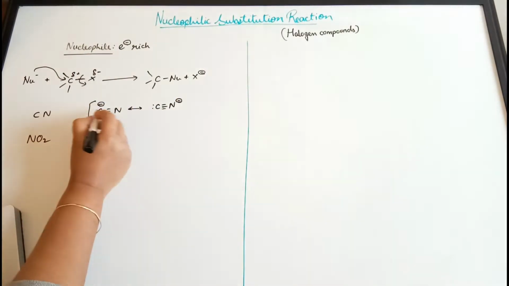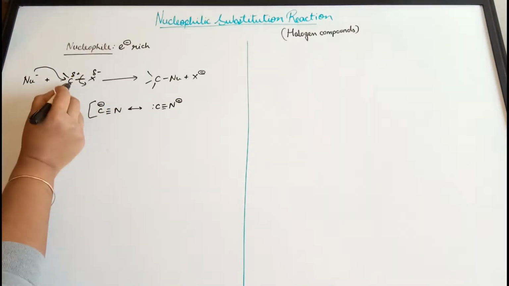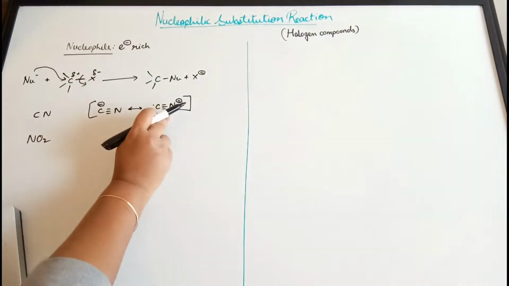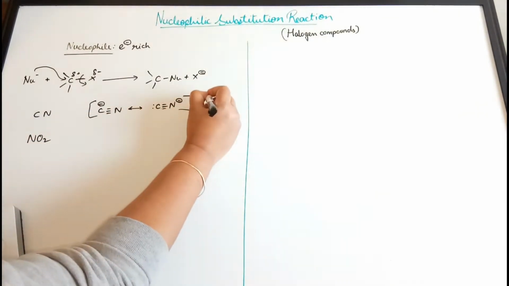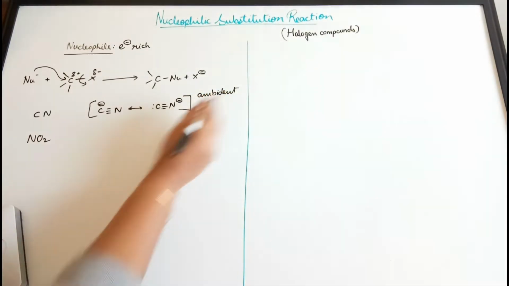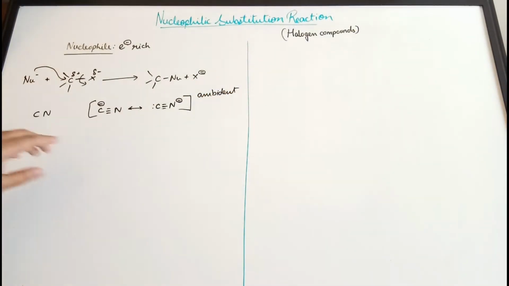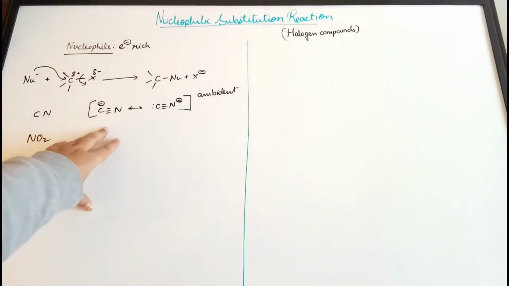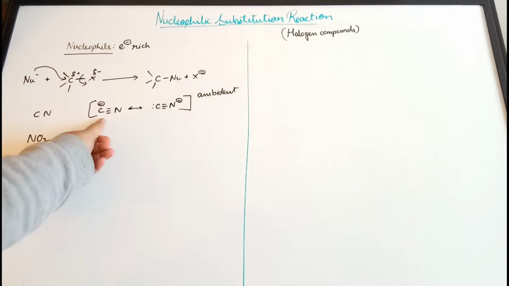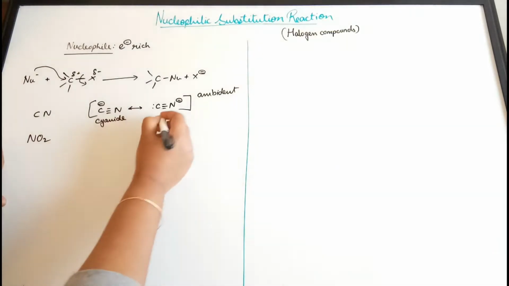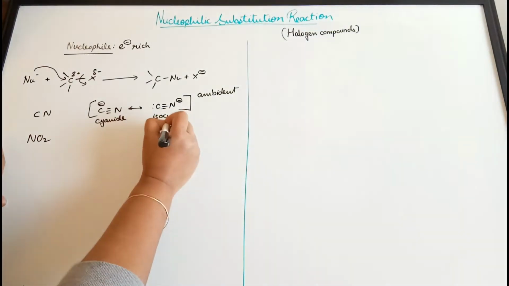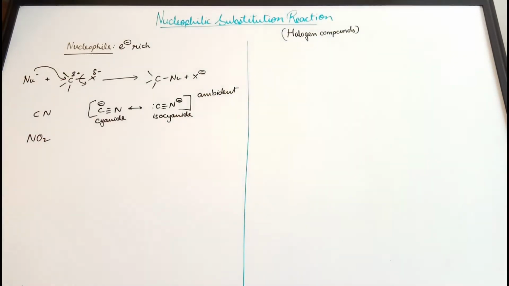So the carbon can attack from the carbon side as a nucleophile, or it can attack from the nitrogen as the nucleophile. Such nucleophiles are called ambident nucleophiles. So ambident nucleophiles have two ways by which they can attach at the compound. So if it was the carbon which attached, you'd get a cyanide, and if it was the nitrogen, it would be an isocyanide getting attached at the carbon atom which previously had the halogen.